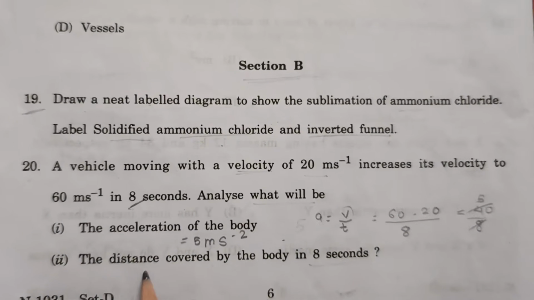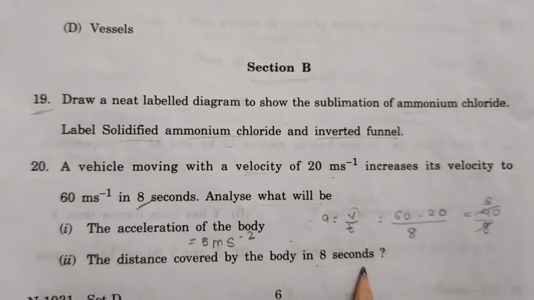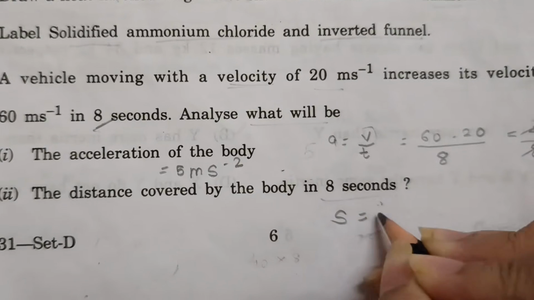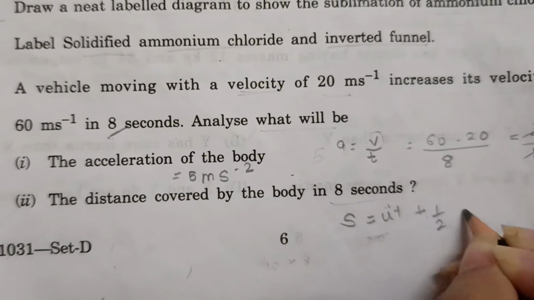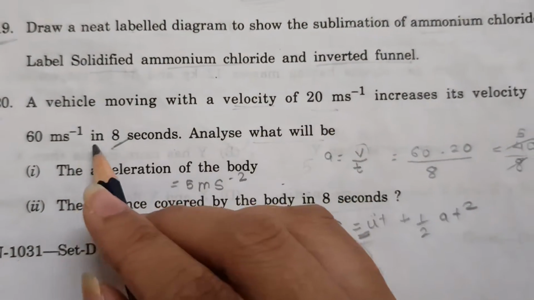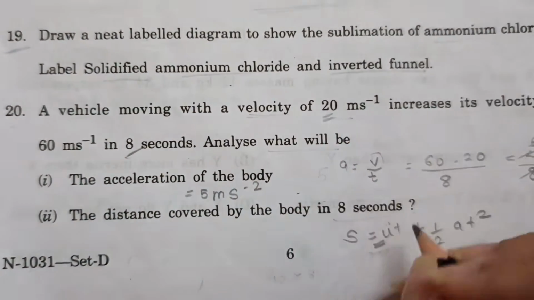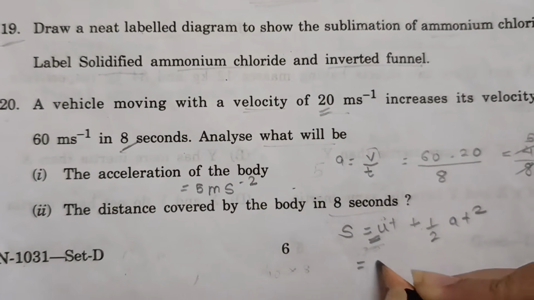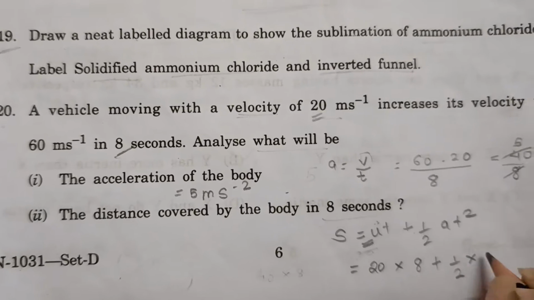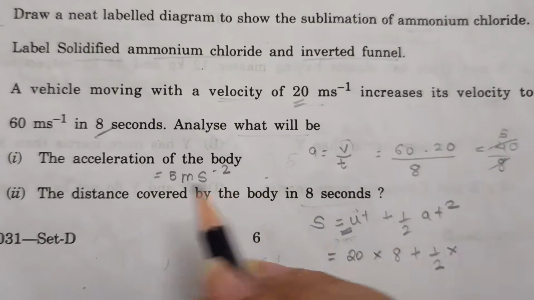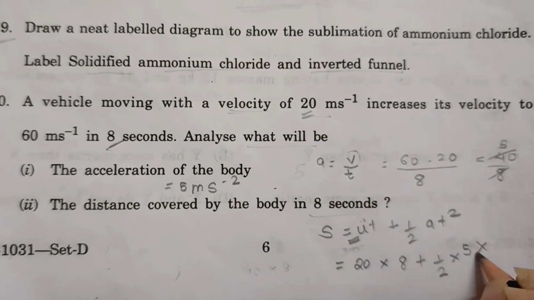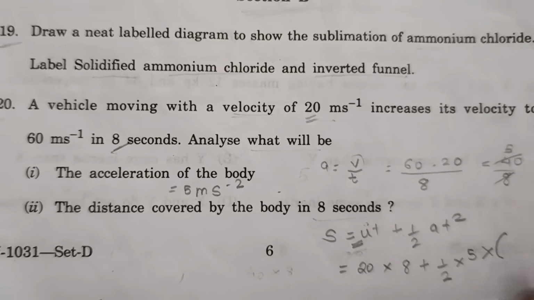Question number 2. The distance covered by the body in the 8 seconds. To find the distance, you will take the formula S is equal to ut plus half at square. Here the initial velocity is given as 20 meter per second. So 20 meter per second into 8 plus half multiplied by acceleration we found just now, that is 5 meter per second square, multiplied by t square.